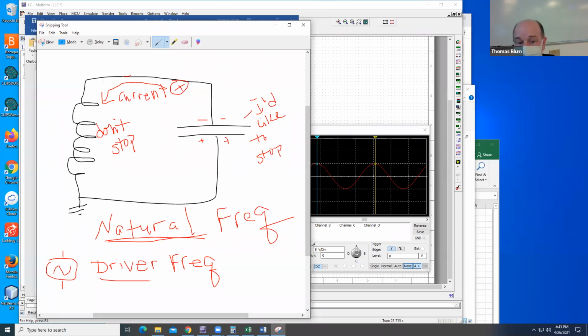And now I have two frequencies. The driver wins. But when the natural frequency and the driver frequency are close to each other, then we get a phenomenon. So if the natural and the driver are close, we get something called resonance. I should talk about that on Wednesday, not rush it so much. But that's one of the important vocabulary words and sure to appear on the test.